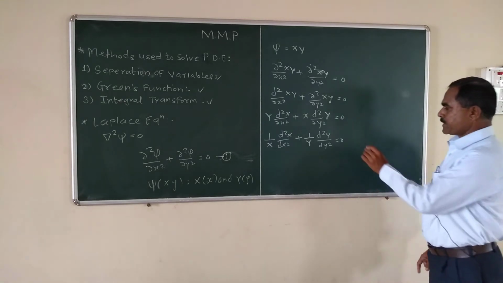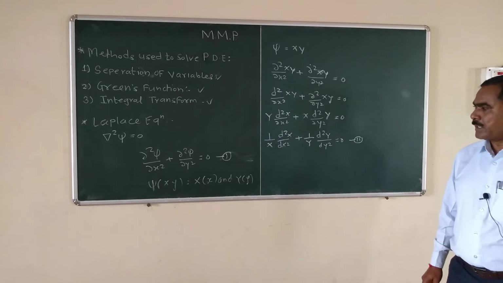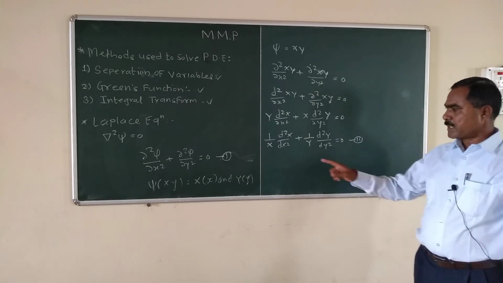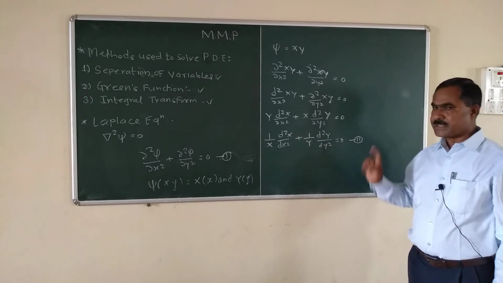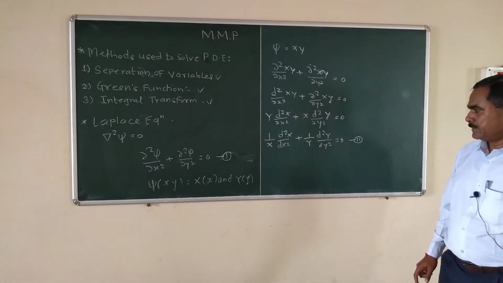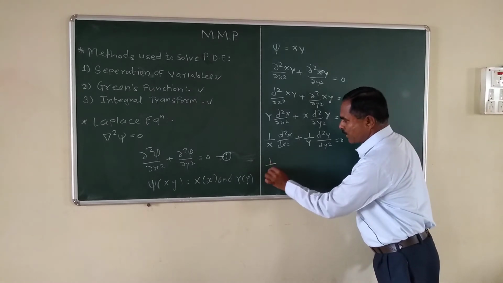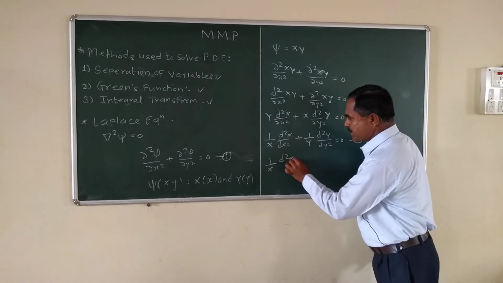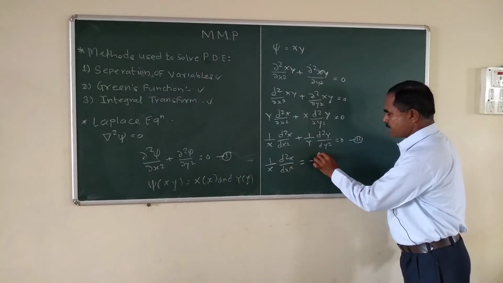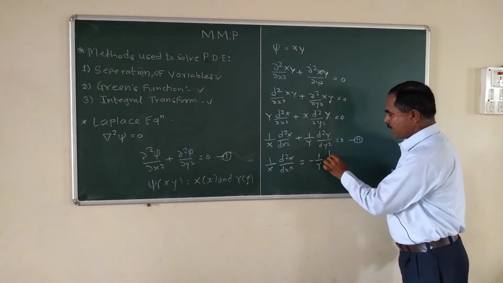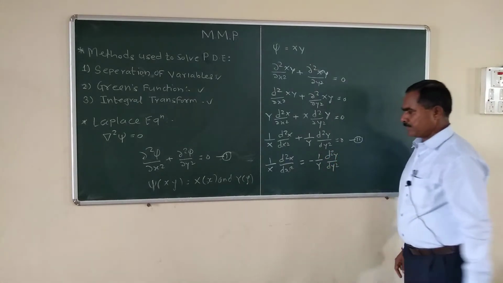Here, this is the equation second, and from this equation we can say that the first term is a function of only x and the second term is a function of only y. Therefore, we can write this equation as 1 by X d2X by dx square equal to minus 1 upon Y d2Y by dy square.